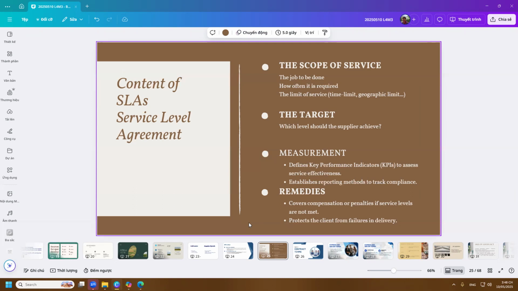So with the exam, actually the knowledge of KPI, SLA, and specification is not much, but it is more about how you apply these things into the question. So the first thing here is that you need to read the question carefully and apply what you know about these concepts.